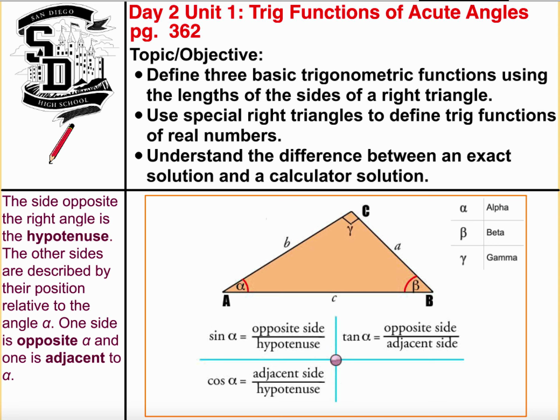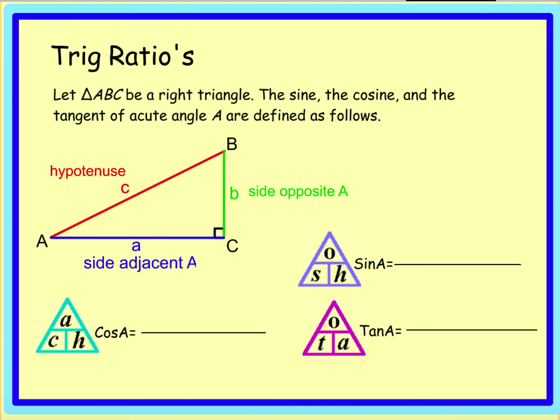Let's do some more. So here's another right triangle, triangle ABC. Right away, we've identified that the hypotenuse is directly across from our right angle. The opposite side, so if we're talking about angle A in this case, the opposite side of angle A is little b, and the side that is adjacent to angle A is little a.